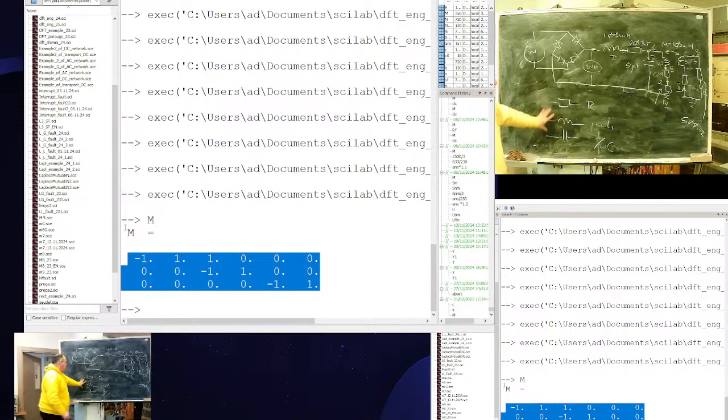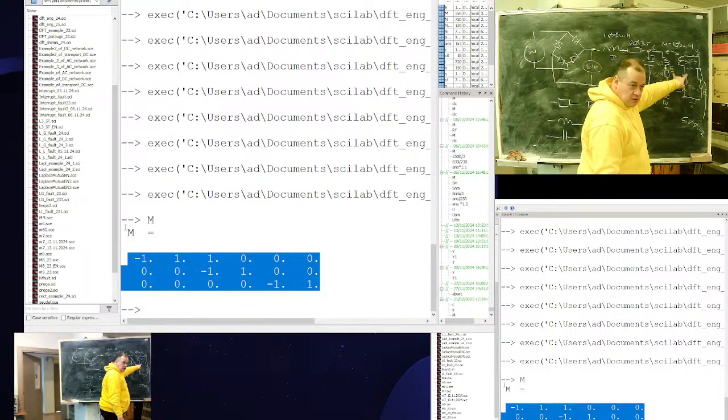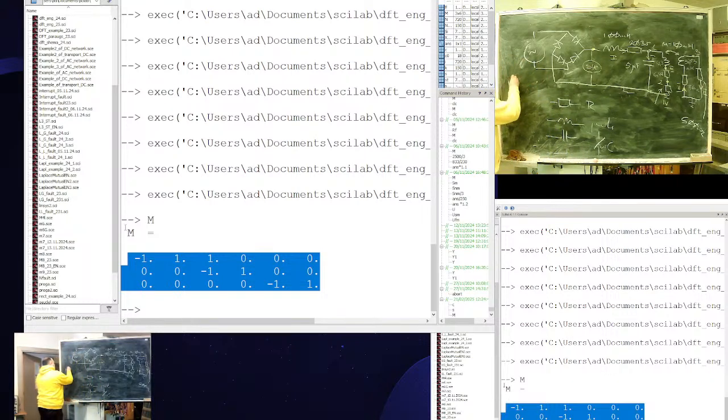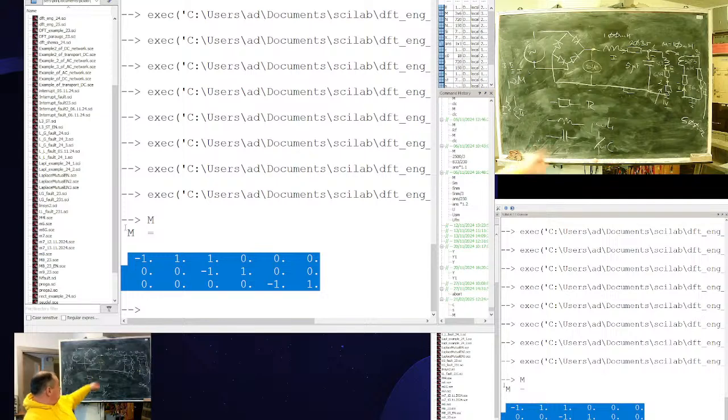But that's not all, it's the main diagonal. Also, I have mutual inductance. For mutual inductance, I will need elements. For example, if I have mutual inductance between branch 1 and 2, this means elements 1,2 and 2,1 will be j omega M.